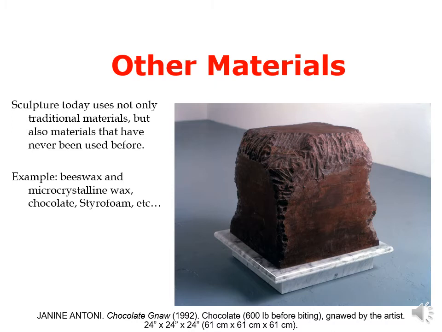So, starting to get outside of the idea of normal working material. So, all types of stuff that people are using and having fun with that aren't what you would say traditional artists' material.